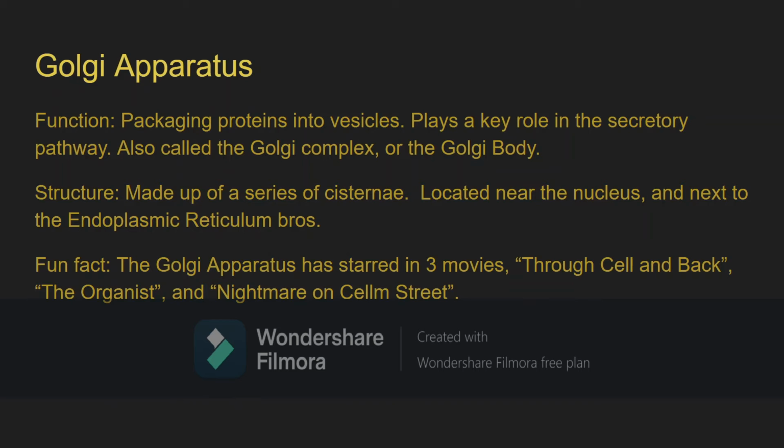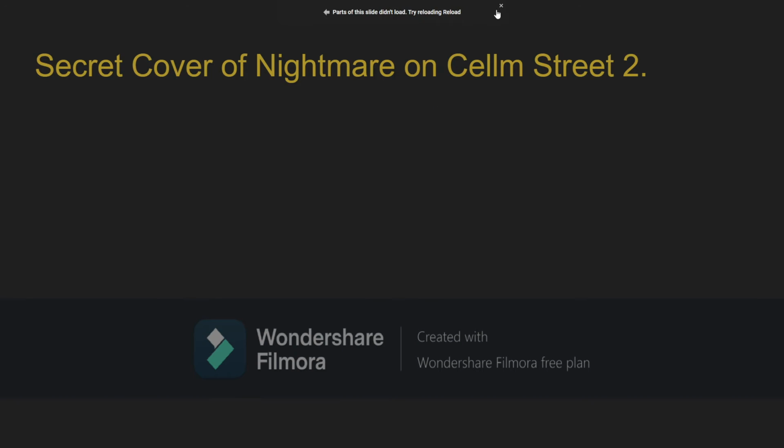And the fun fact is the Golgi Apparatus has starred in 3 movies: Through Cell and Back, The Organist, and Nightmare on Cellm Street. I am very proud of those puns. There's a lot of people who don't know this, but they made a sequel to Nightmare on Cellm Street, and I have the cover art right here. It didn't load. I'm going to try to reload it. None of it loaded.